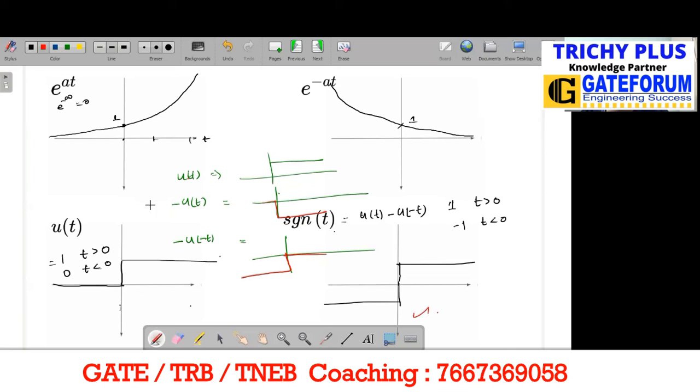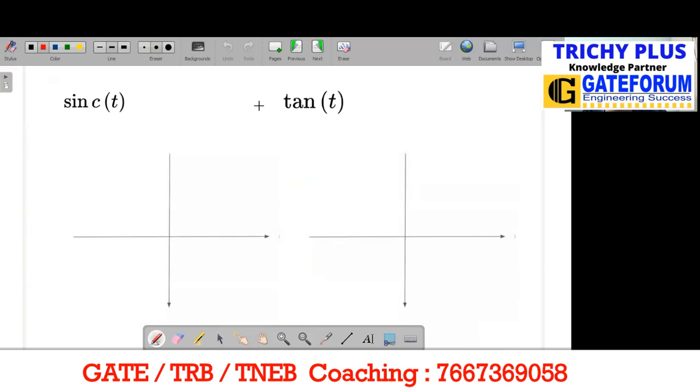Anybody here? How will this graph look? Sinc of t, how does it look?